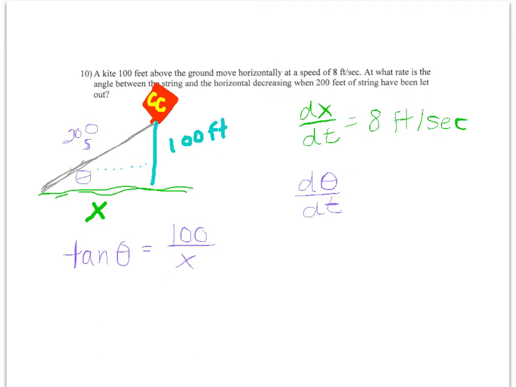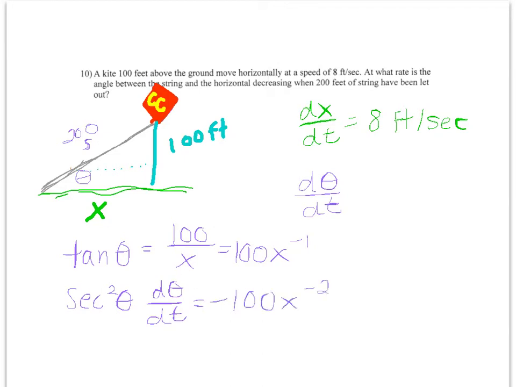However, this equation will work when we take the derivative because we will get secant squared theta times d theta/dt. And really quick before I take the derivative, I'm just going to rewrite this 100/x as 100 x to the negative first. So I get negative 100 x to the negative second. And again, we want to solve for d theta/dt.